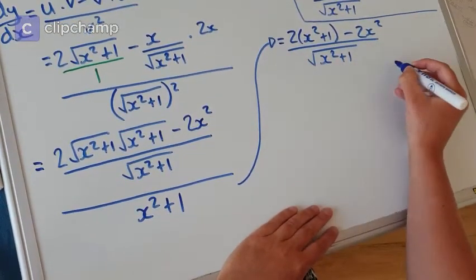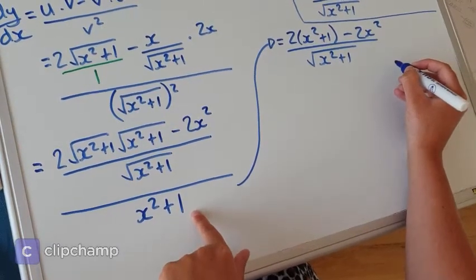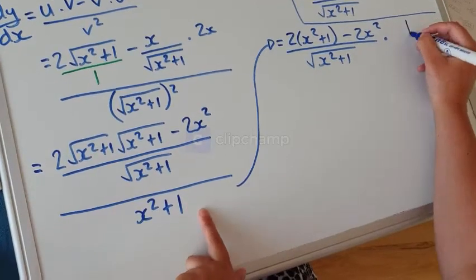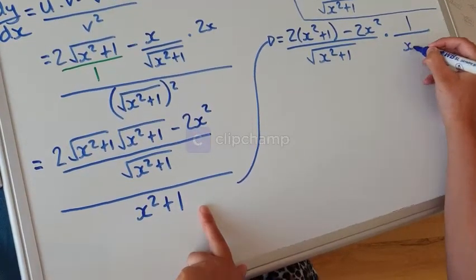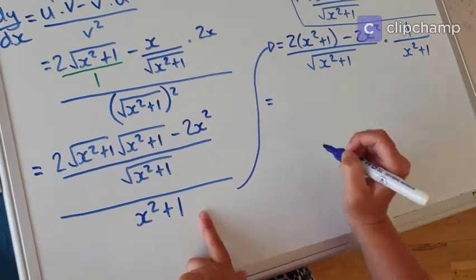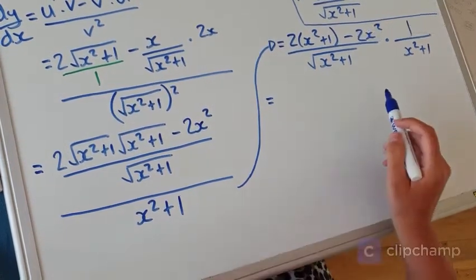And that's all being divided again by x squared plus 1. But if I'm dividing by that, that's the same as timesing by its reciprocal, which is this. Okay. So we're nearly there.